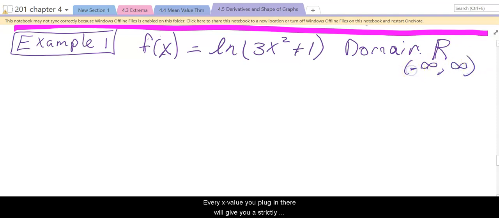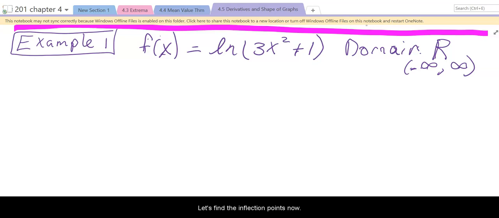Every x value you plug in there will give you a strictly positive number. That means that any value I find for the first derivative is a possible critical point, and any value I find for the second derivative is a possible inflection point.